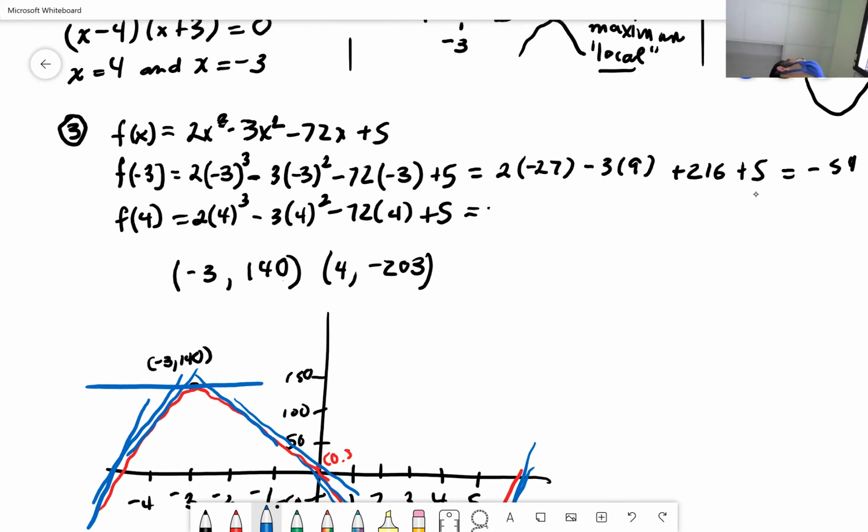Did I write it right? Look how awful it looks. So here we have this guy, -3, 140. And here we have this guy, 4, -203. But let me make it look prettier because it looks awful, doesn't it?